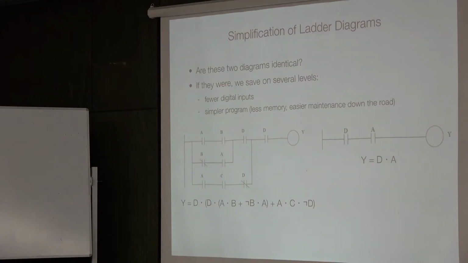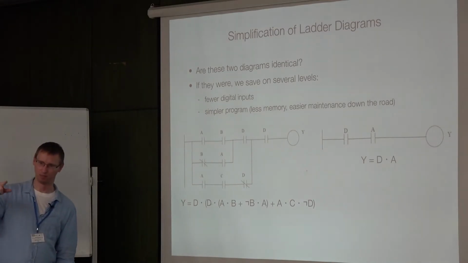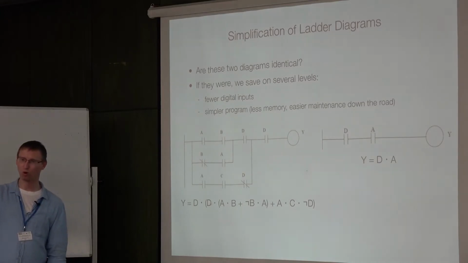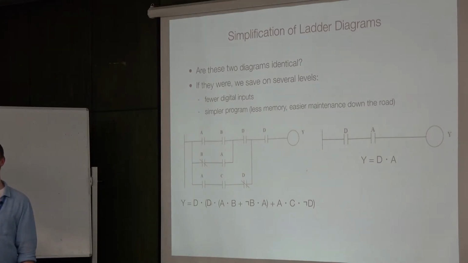And yeah? They might not be equivalent if it is implemented like real physical switches. The switches don't switch at exactly the same time. That's what I said about how the program is executed in the PLC. First, the status of all inputs is read into the memory. So the physical input values are stored in the memory, and they are kept constant during the execution of the entire program.